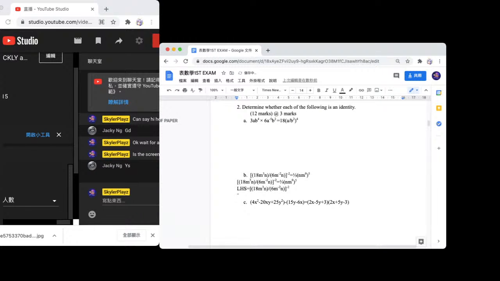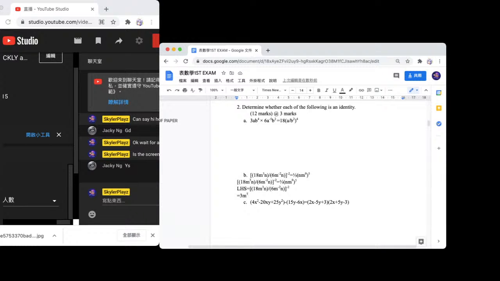So we need to simplify this so you can get a simple result here. First, 18 divided by 6 is 3. And m to the power of 3 minus negative 2, then m to the power of 5. And then n divided by n, nothing here.